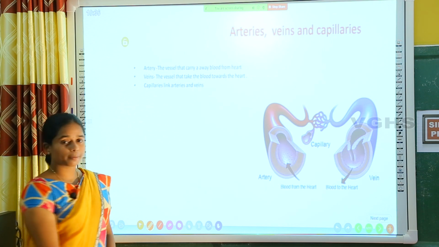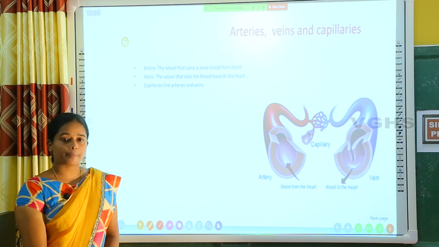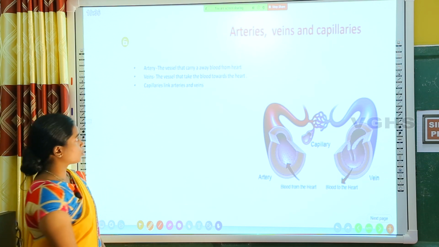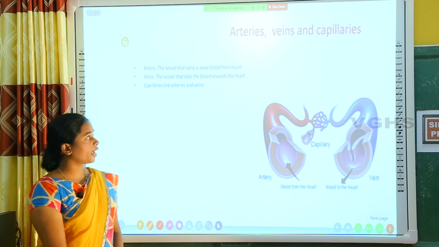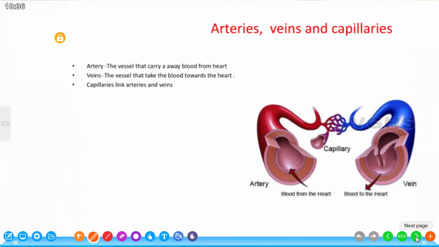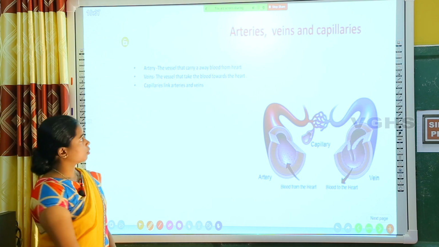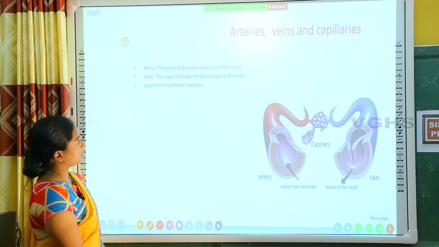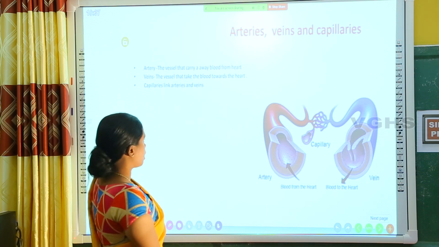Now, let us see about arteries, veins, and capillaries. The artery is the vessel that carries blood away from the heart. But veins are the vessels that take the blood towards the heart.